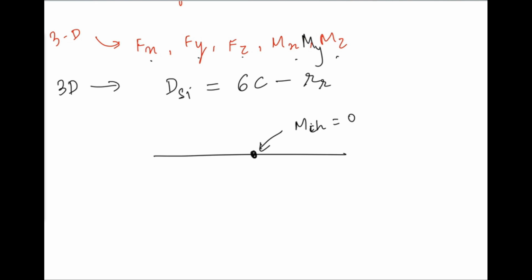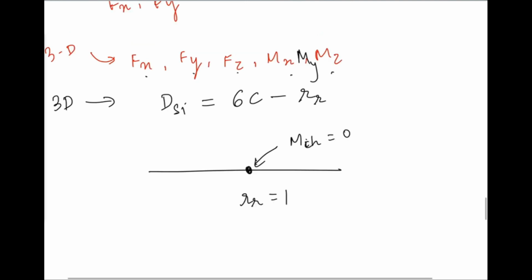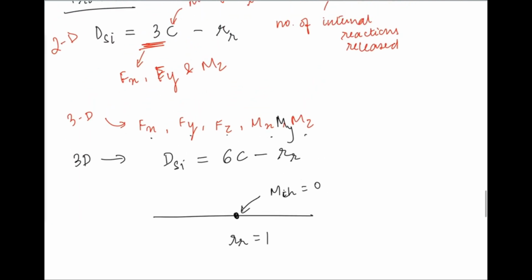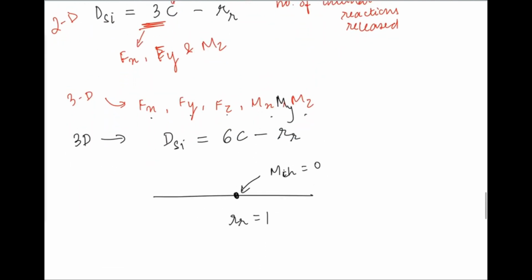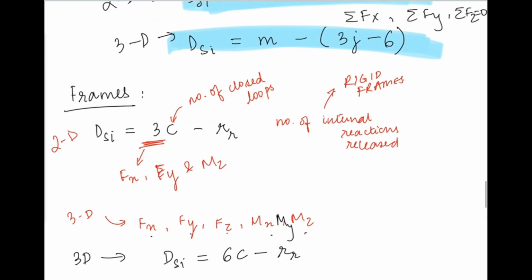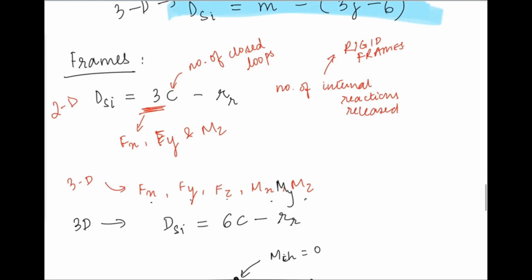So it releases the moment. That's why your number of internal reactions released would be 1 in this case. Okay. So this is all about how to find the internal static indeterminacy in case of frames.